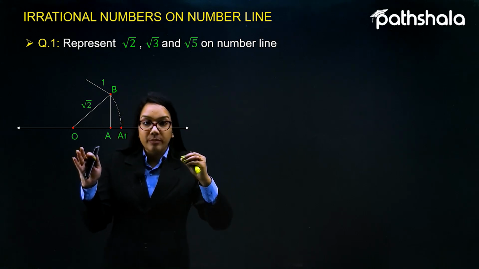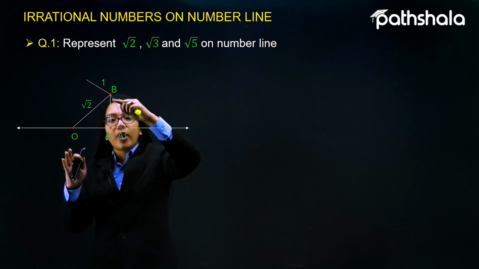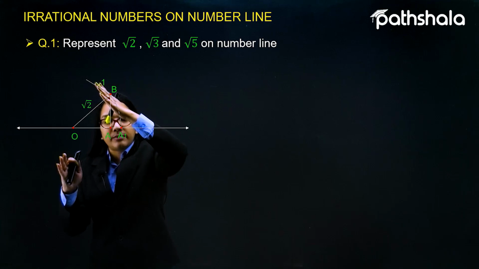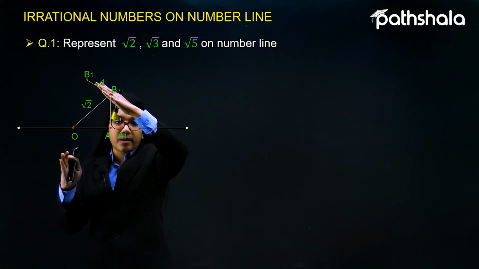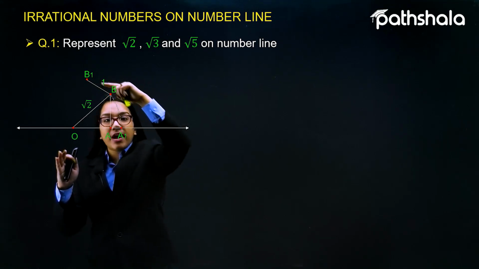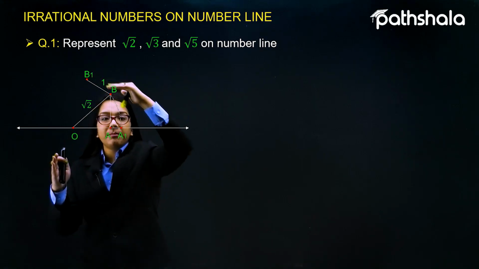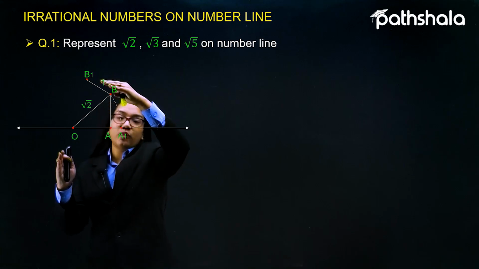So I am taking a perpendicular at the point B of 1 unit distance, calling it BB1. Always remember, B1B is perpendicular to OB, such that it is of 1 unit.